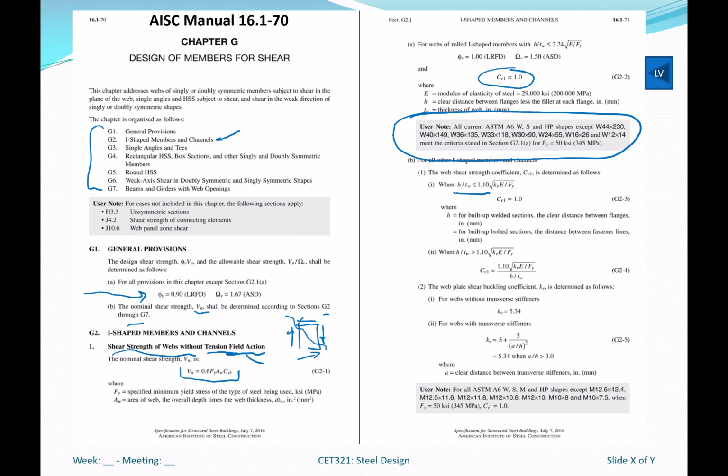Notice h over t sub w here of less than 1.1 times a ratio versus 2.24 greater than this value. So just like with the thickness cutoffs for compression and bending members, there are width to thickness cutoffs for shear elements.